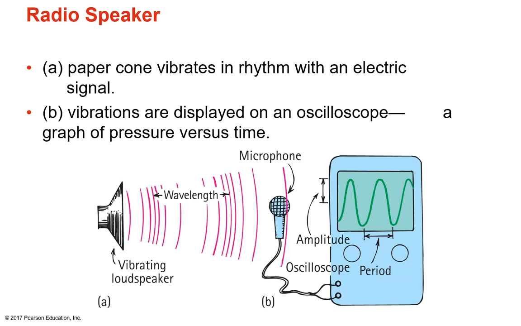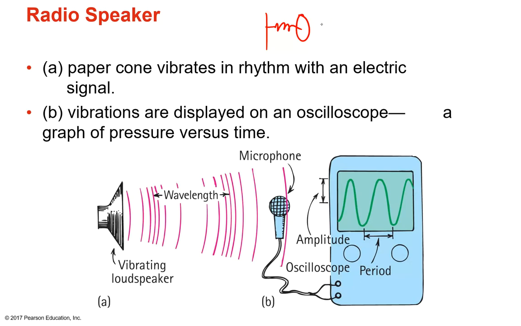So if you were to take these things apart, the microphone has something in there that is going to, let's just make a simple type of microphone. You put a spring here, and when a sound wave hits it, remember, it's carrying pressure.